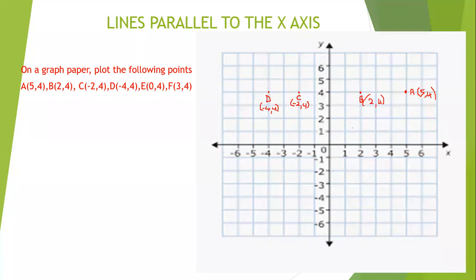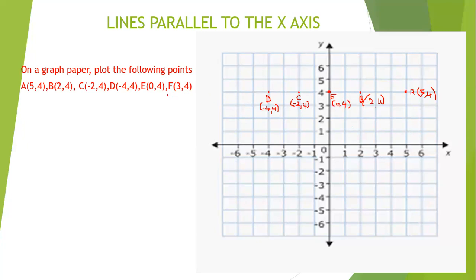The next is point E and the coordinates are 0, 4. Since the x coordinate is 0, it means the point is on the y-axis. So on the y-axis where we have 4, it is over here. So here we have point E and the coordinates are 0, 4.